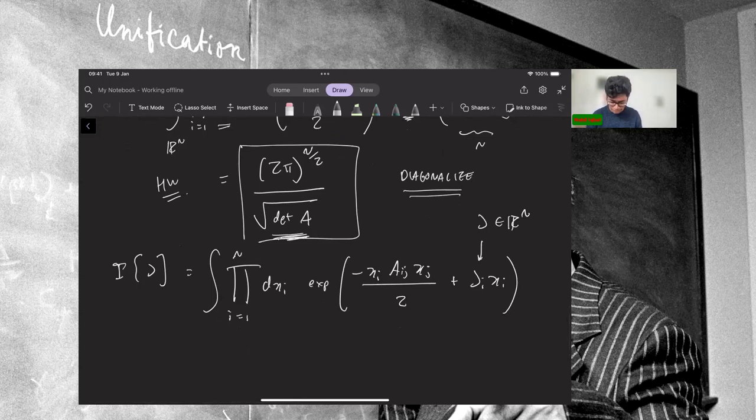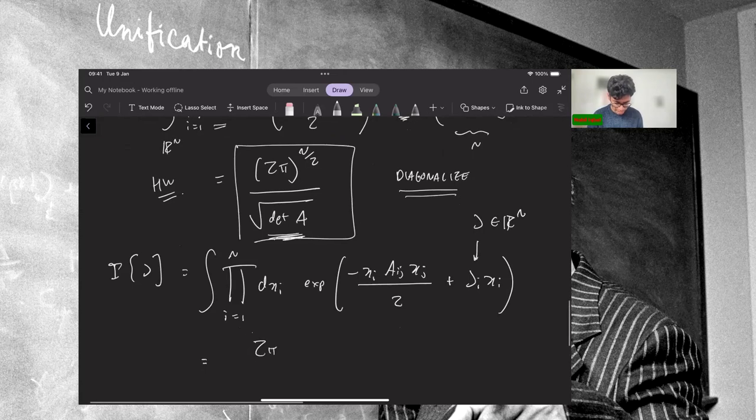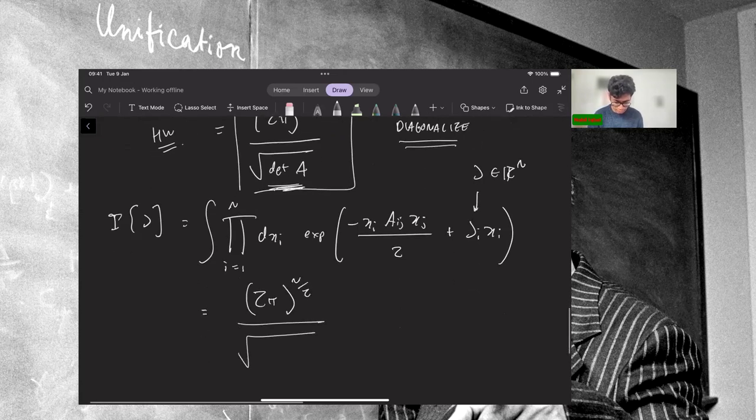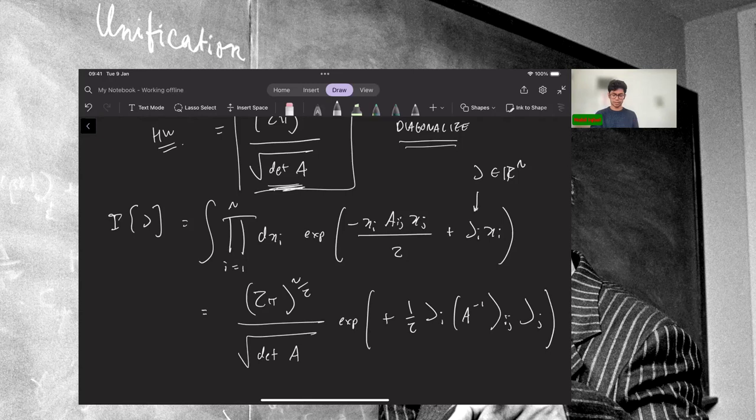And then this integral turns out to be (2 pi) to the n over 2 divided by the square root of the determinant of A, times the exponential of plus 1/2 J_i (A inverse)_ij J_j. Okay.